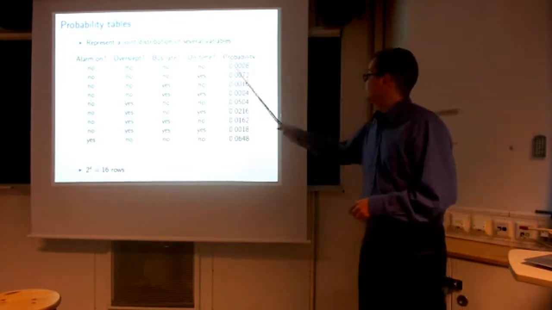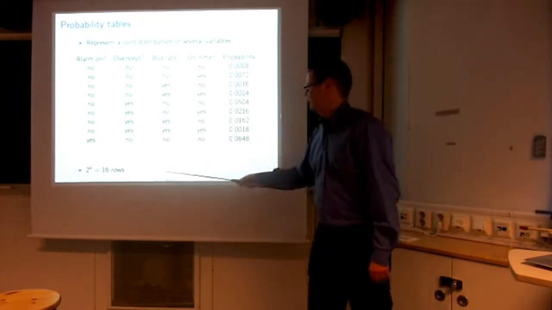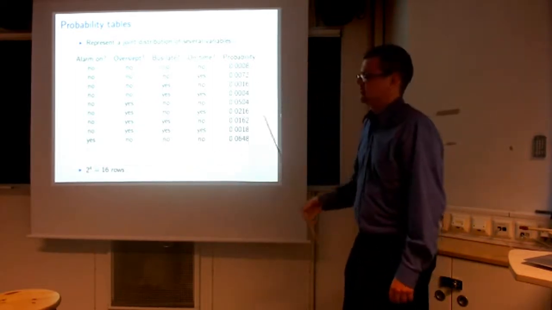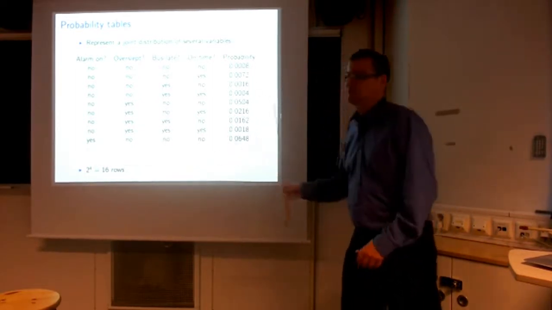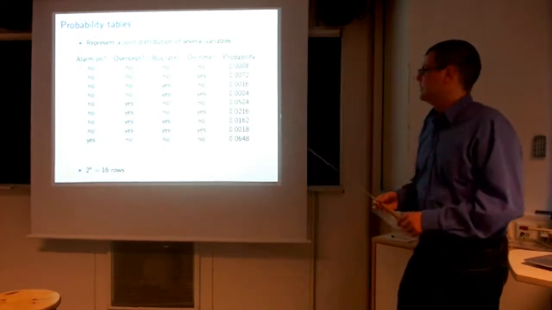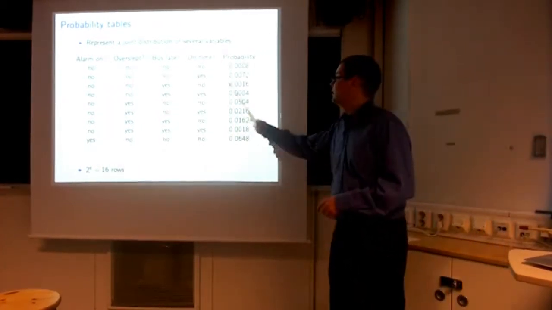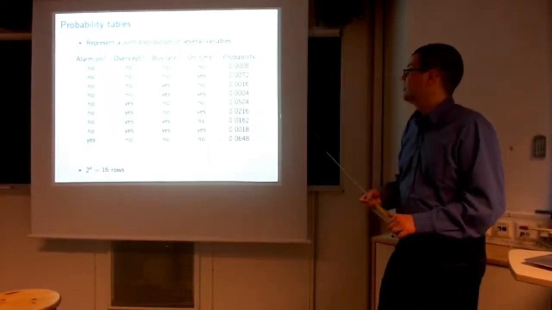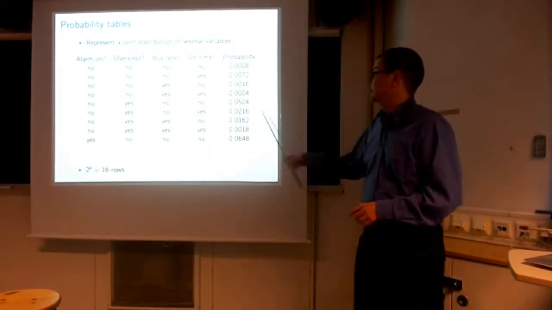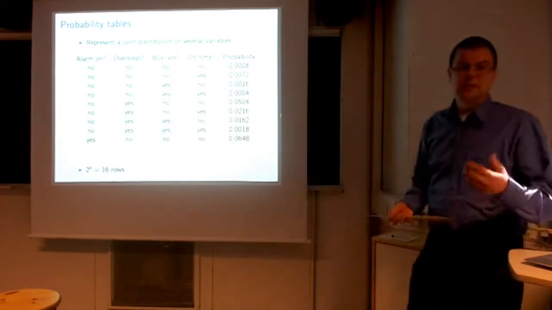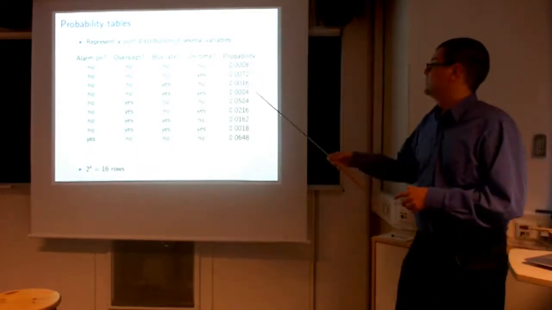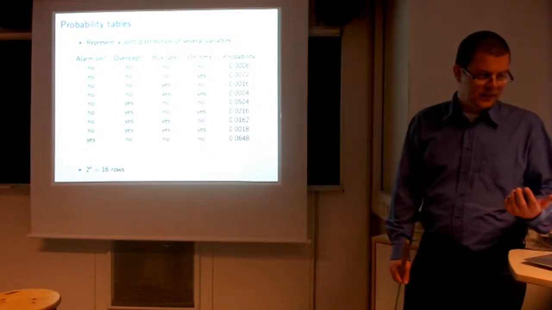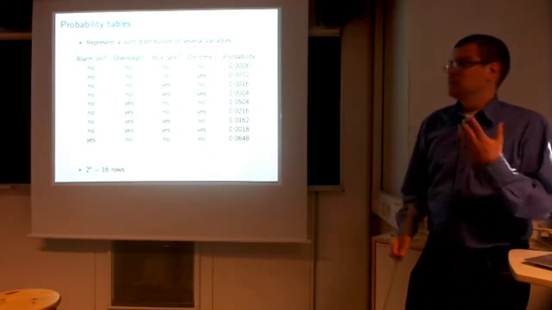The problematic thing is that already with 4 variables, we need 16 rows and 15 parameters to represent this distribution, and the number of parameters grows exponentially with respect to the number of variables. So if we go to distributions with dozens of variables, this kind of representation will not work. So we need some alternative way.